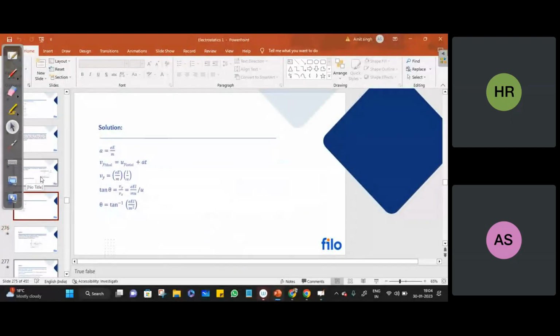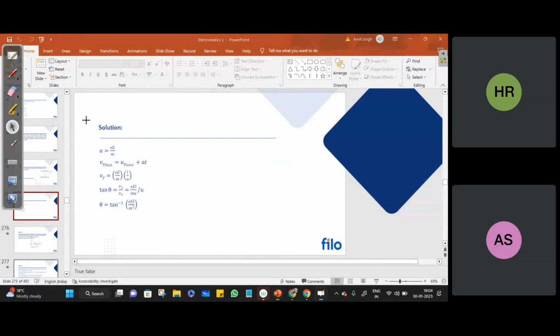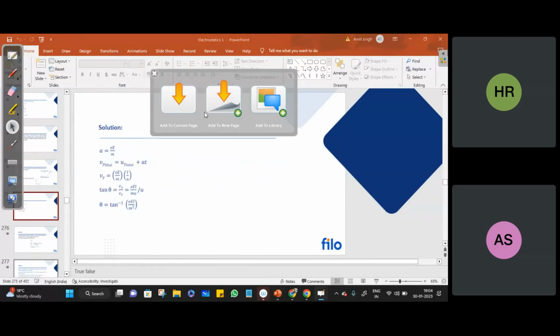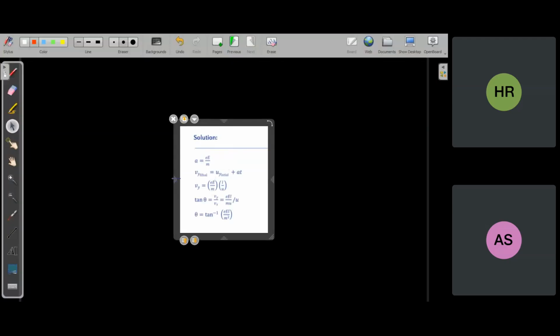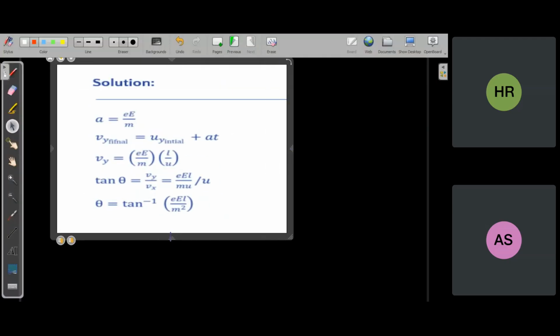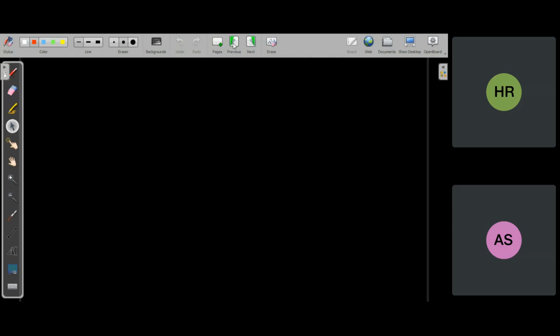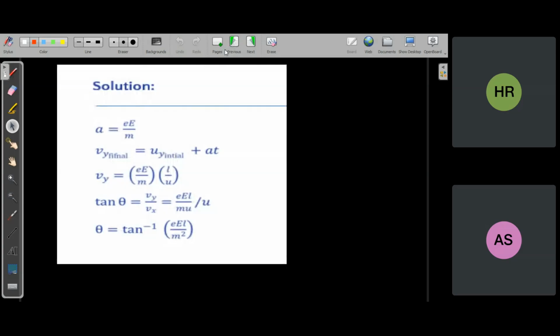See this, what they have done at the end: tan theta equal to, they have written. They have calculated Vx, Vy, and then tan theta is equal to Vy by Vx. You will get the angle made by the velocity vector with the horizontal. Is it clear? Do you have any doubt?